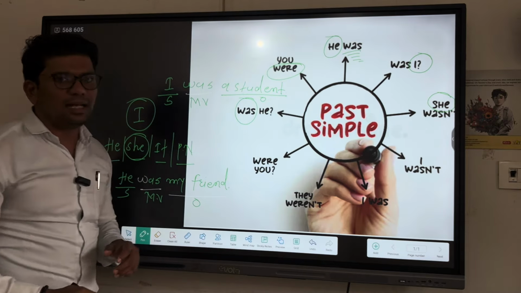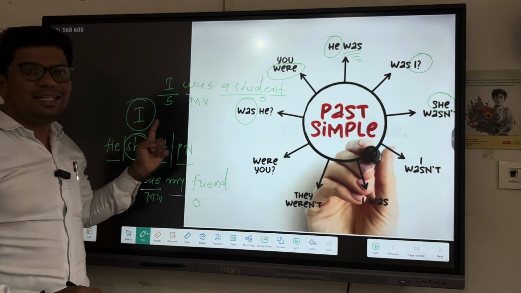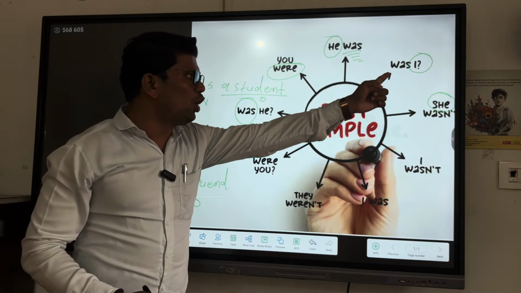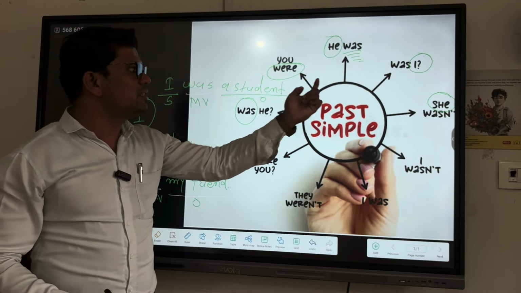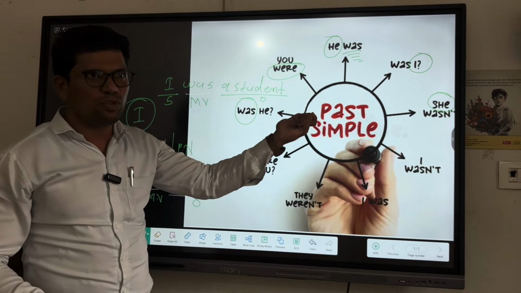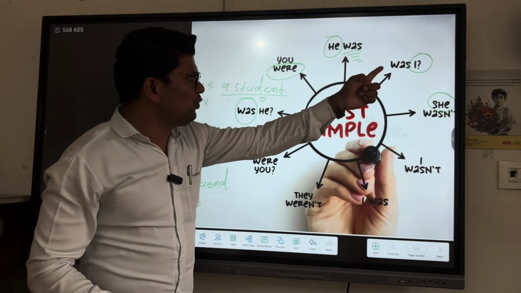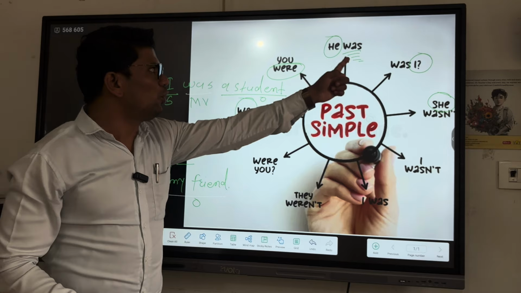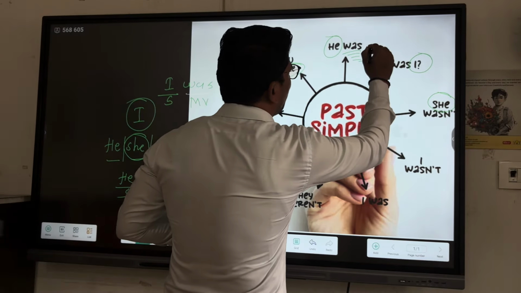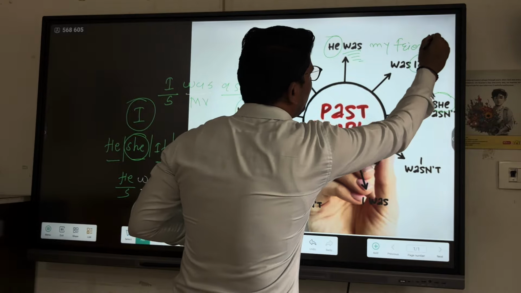Please keep in mind that was is used with I, our first person singular subject, like I was. It is clearly mentioned here in this circle, in the simple past tense. Then he was, for example, the same example: he was my friend.